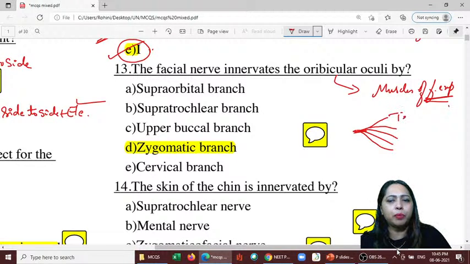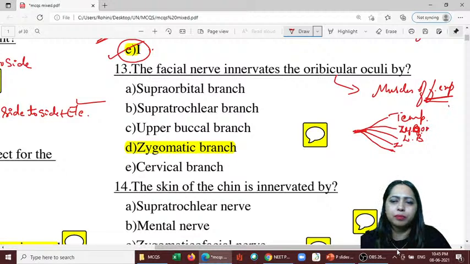The first one is temporal. Then you have the zygomatic here and then the upper buccal, lower buccal.